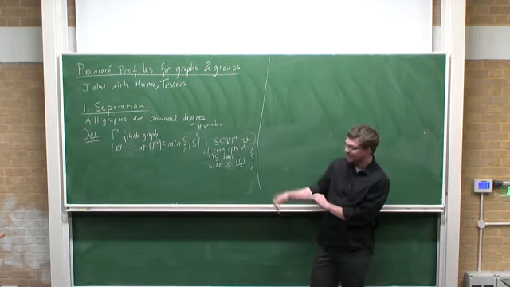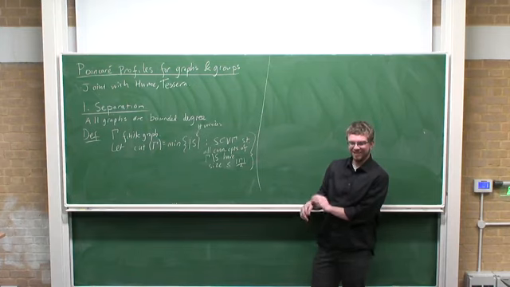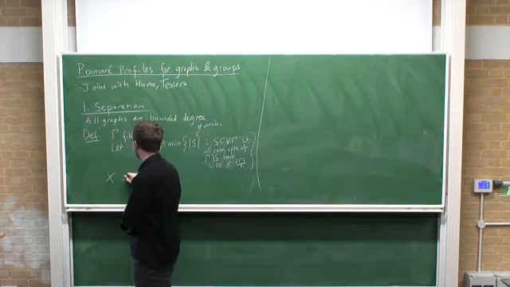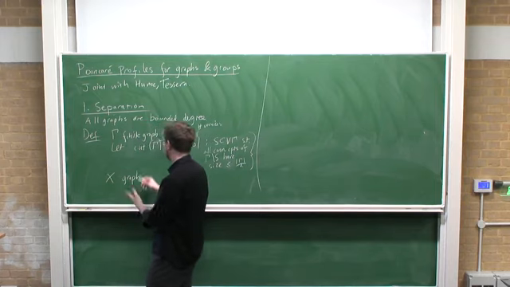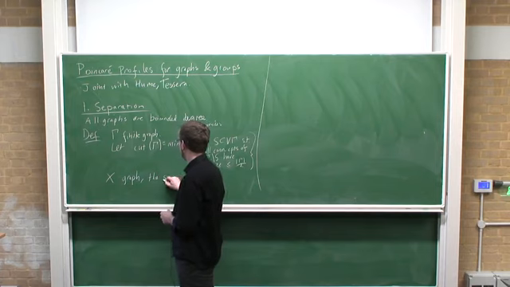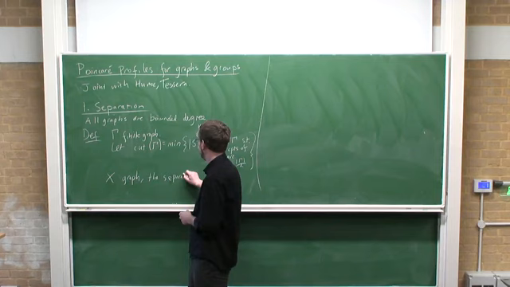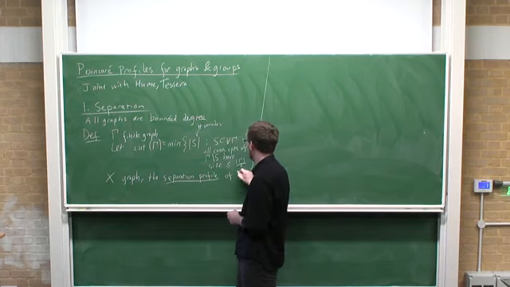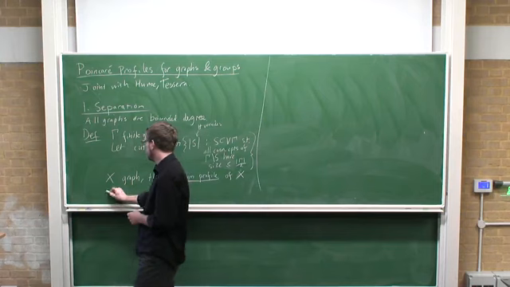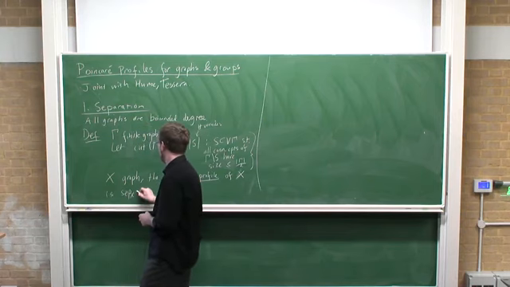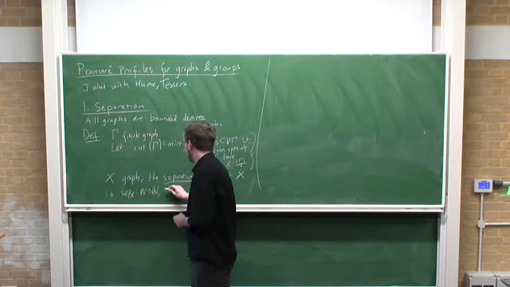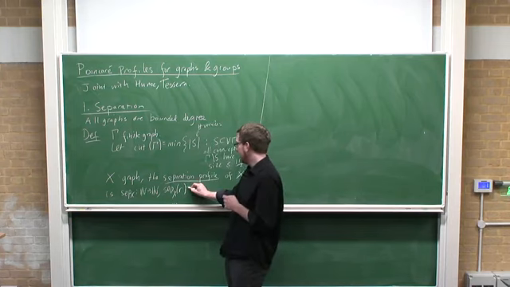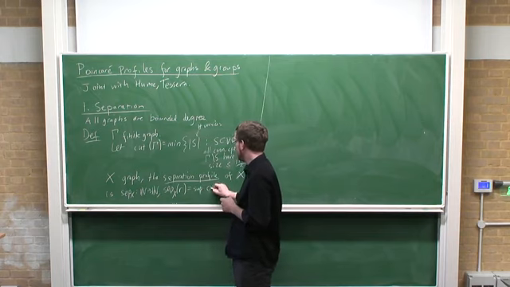For example, if you delete half the vertices, that would suffice, but often you can do a lot better than that. And if you have an infinite graph, or potentially infinite graph, the separation profile of X is the function which is defined by, for a given value r, the worst case scenario of these cut sizes.